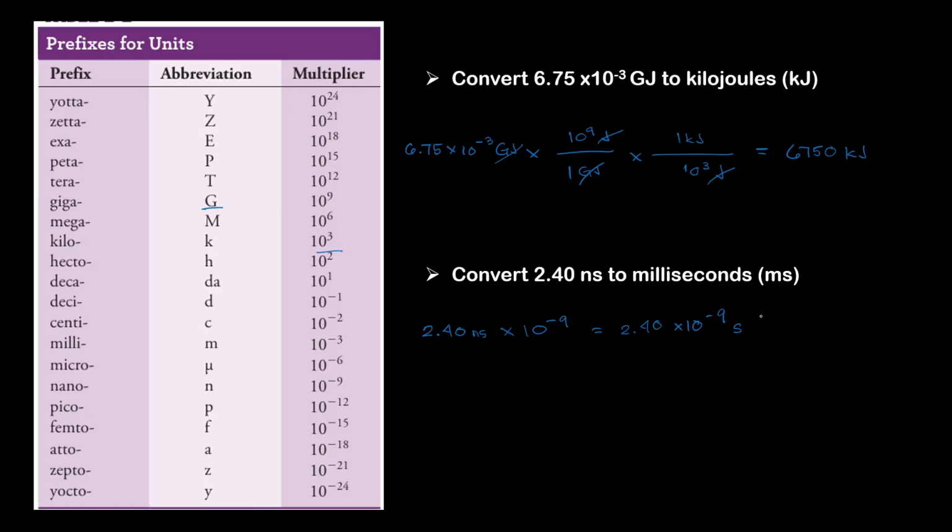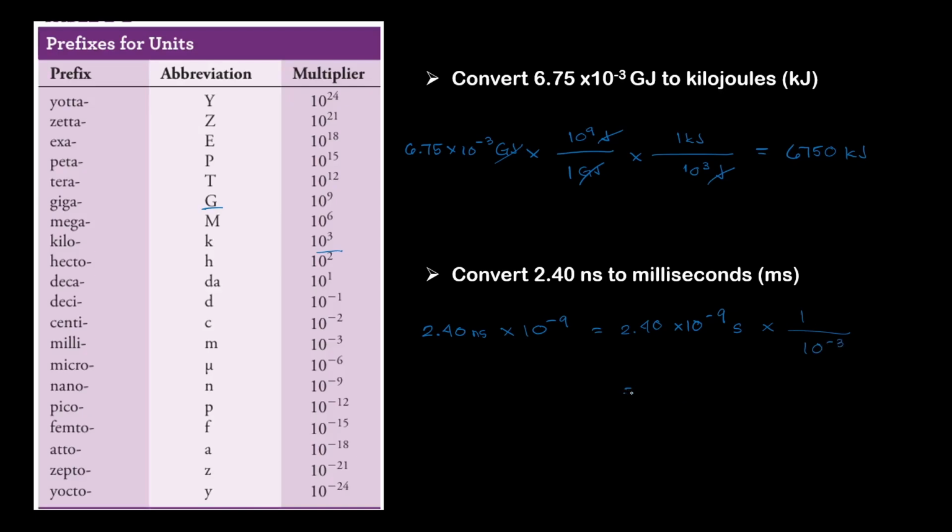Now we have the seconds, we want to convert this to milliseconds, so we multiply it by 1 over the value. What is the value of milli? 10 to the negative 3. So 1 over 10 to the negative 3.